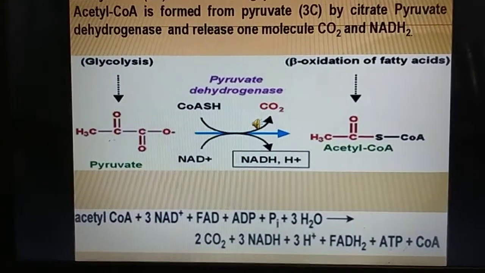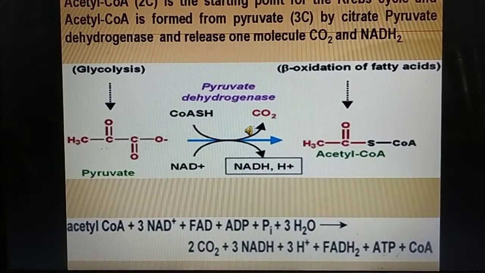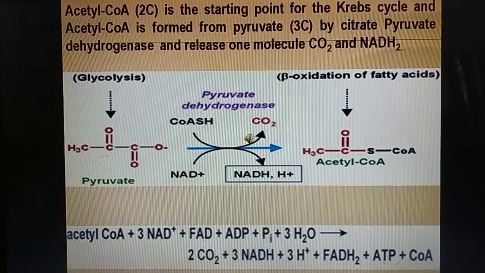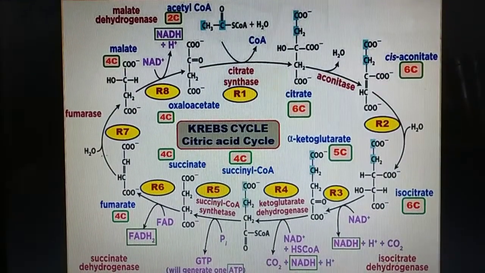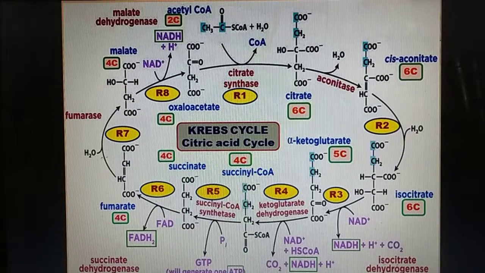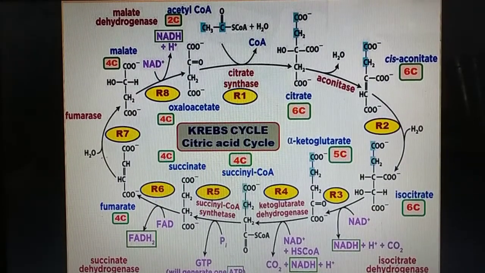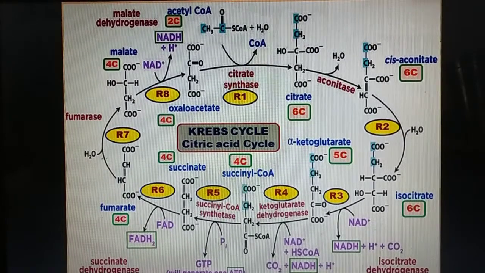Now this is the overall reaction of the Krebs cycle, where acetyl coenzyme A is oxidized into carbon dioxide and water. Yes, this is the entire reaction of the Krebs cycle, and it can be easily understood in 8 reactions.